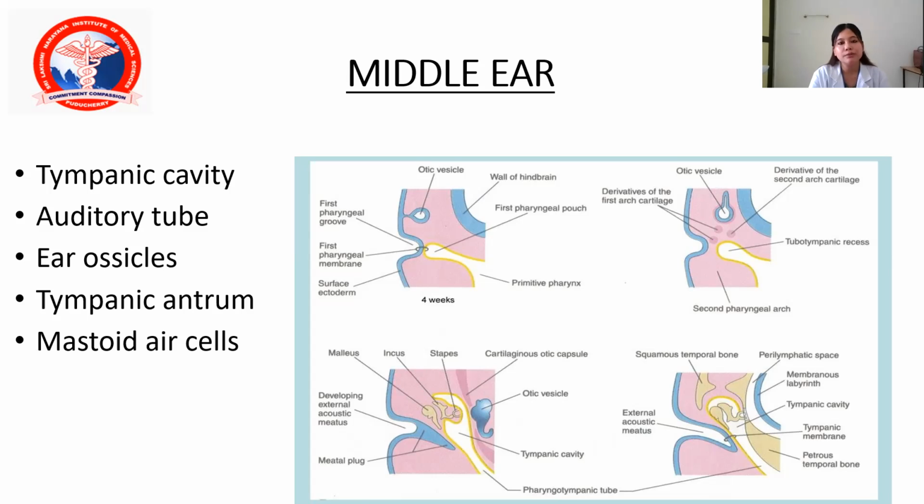There the mastoid air cells are well developed at the age of 2 years. Because of this close contact with the tympanic cavity and the tympanic antrum, what happens? The infection of the middle ear spreads so easily to these air cells.